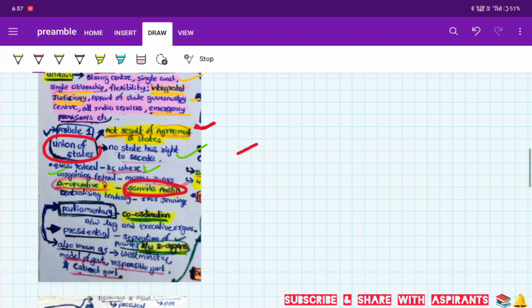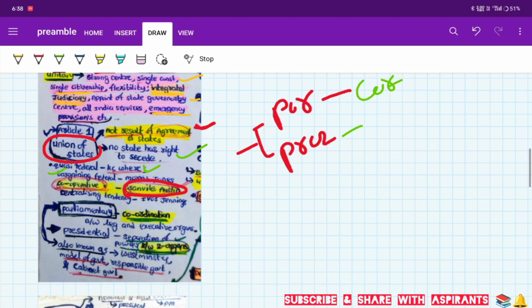There are two types of governments: the parliamentary form of government and the presidential form of government. In the parliamentary form of government, there is coordination between the legislature and the executive, in which the executive is responsible to the legislature. The presidential form of government has separation of powers between the two organs, like in America.